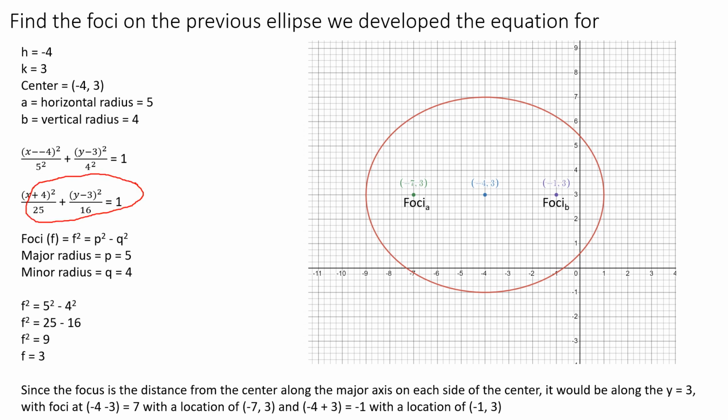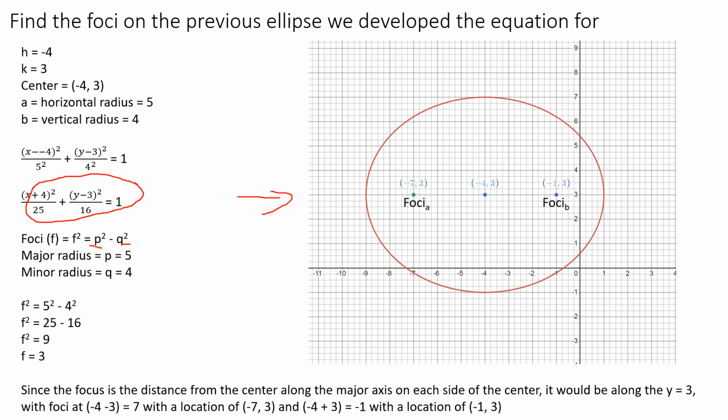Same ellipse. Now, my focus is going to be basically my major axis over my minor axis. And I should let you know the focus is only on the major axis, whether it's horizontal or vertical. So f squared, my focus squared, is p squared minus q squared.